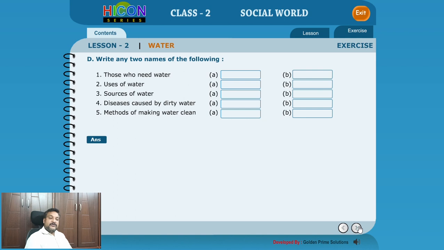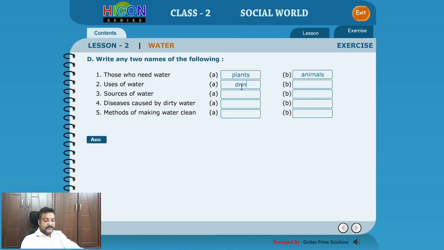So, 2 things that need water. Water is needed for all, isn't it? So, it includes plants and animals also. So, we will write plants and animals, right?